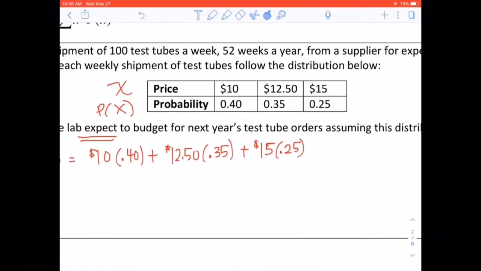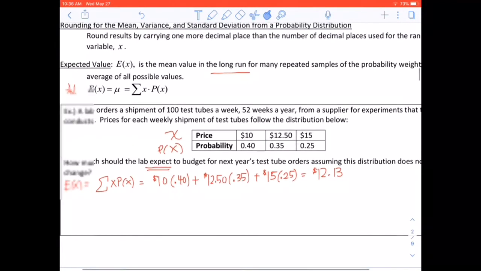And when you work this out, I'm rounding to 2 decimal places since we are dealing with money, we get $12.13.